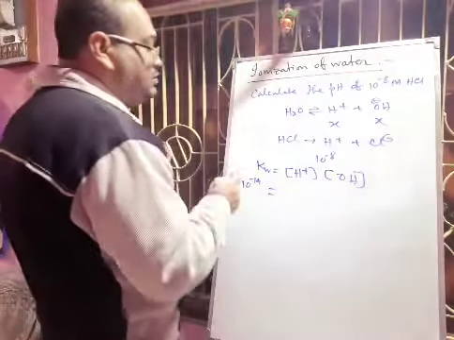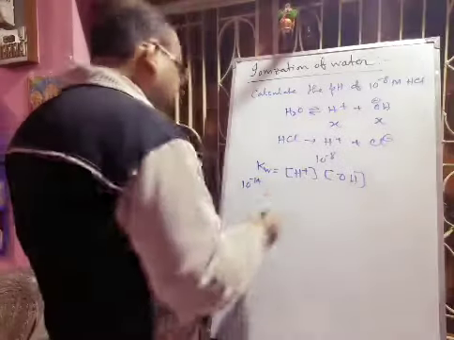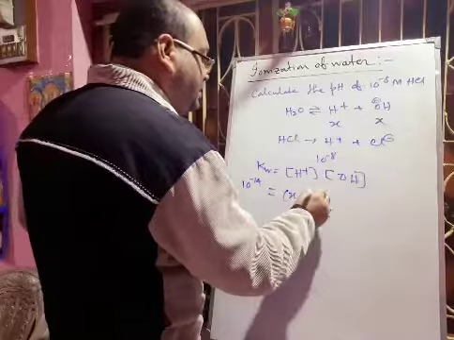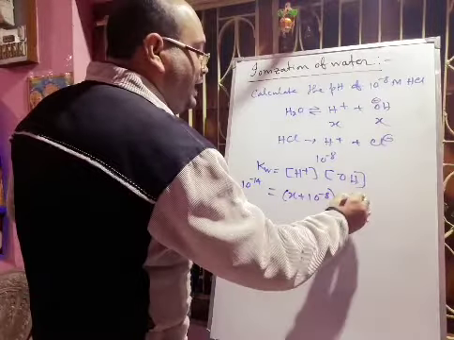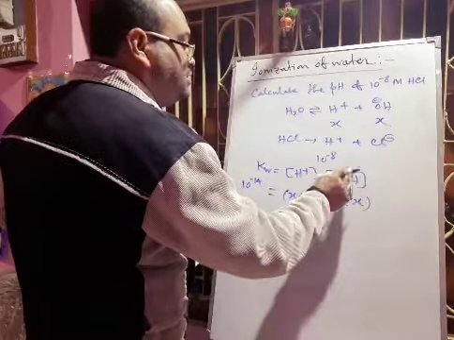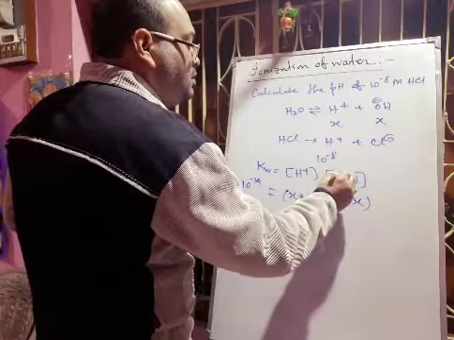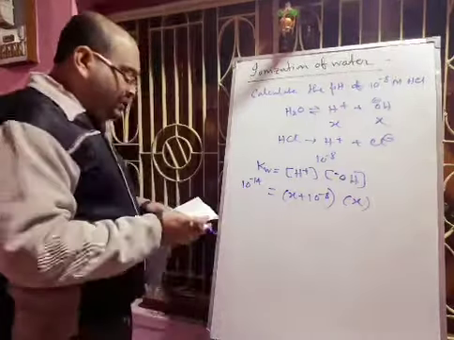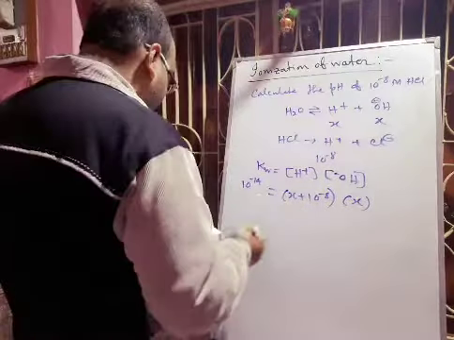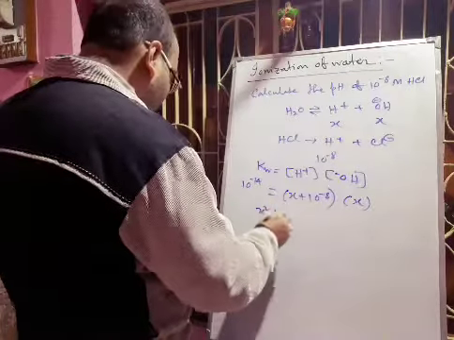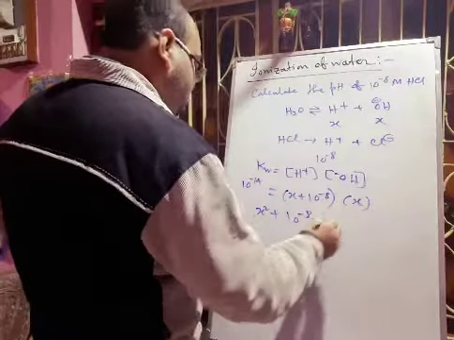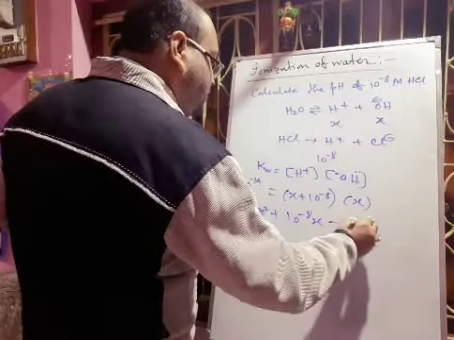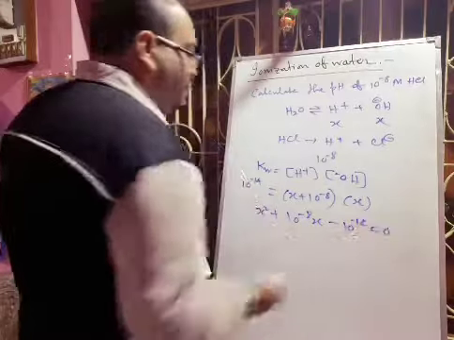So concentration of H plus will be X plus 10 to the power minus 8, and OH minus concentration will be X. Now here you have to generate one equation: X square plus 10 to the power minus 8 X minus 10 to the power minus 14 is equal to 0.